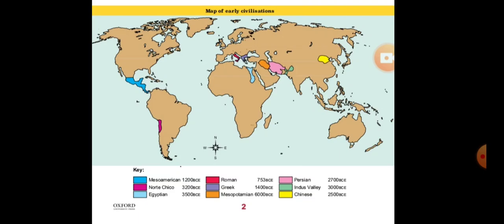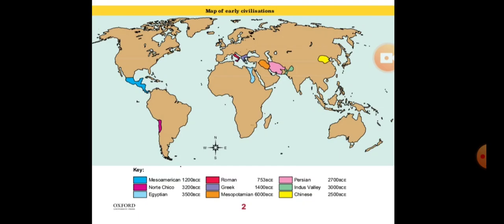Exactly at the west of the Indus Valley civilization, there is the Persian civilization, and then the Mesopotamian civilization, and then we can see the Egyptian civilization in the continent of Africa. Then you can find the Greek civilization here with the purple shade, around the Aegean Sea.